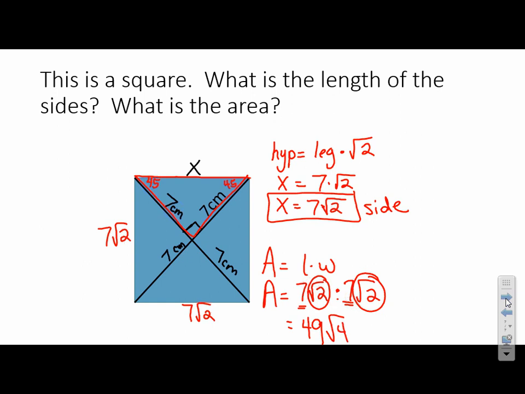Square root of 4, that's just a 2, silly. So this is like saying 49 times 2, and that would be 98. So the area equals 98. And I'd label that with centimeters squared, or square centimeters. And I should go back to my sides and make sure that I labeled that with centimeters.